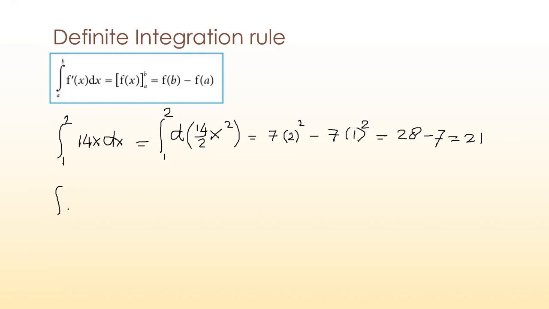Another example like this: the integration of 9x squared minus 7 dx, with lower limit 0 and upper limit 2.